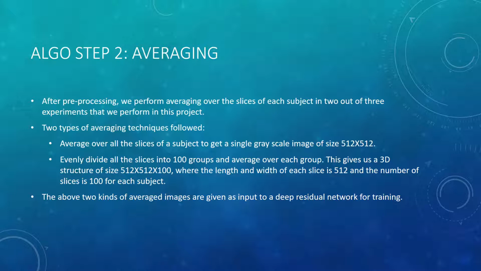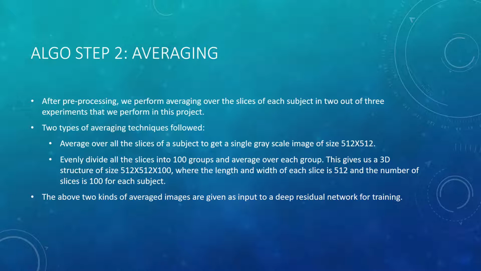In the second kind of averaging, we divide the subject into 100 groups consecutively, and we perform the averaging within these 100 groups, so that in the end we basically get 100 slices per subject for all the subjects.